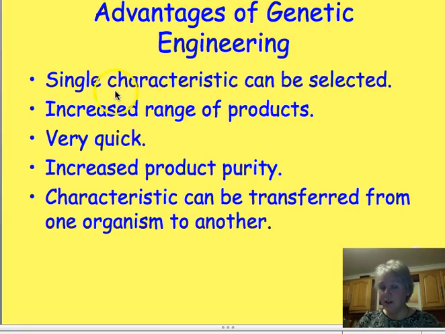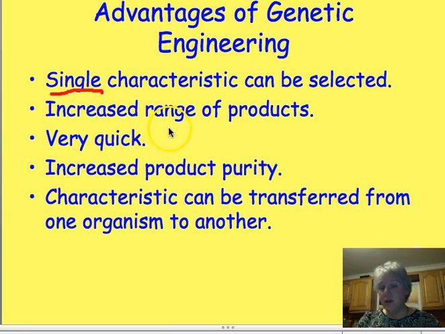Other advantages are, well, you can select some kind of single characteristic that you want. So if you're, say, genetically modifying a plant, for example, you could select a characteristic like maybe being resistant to some sort of herbicide, or resistant to some sort of disease.